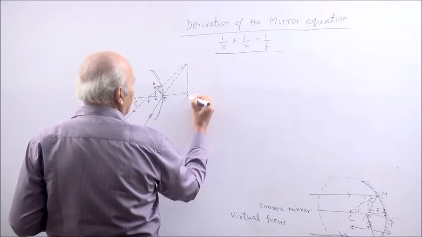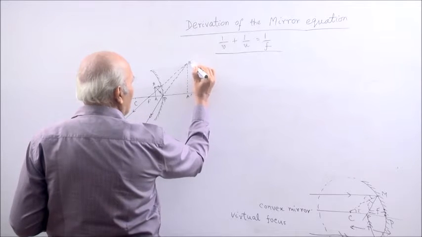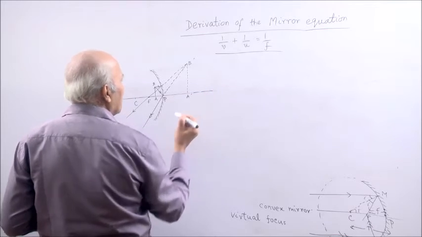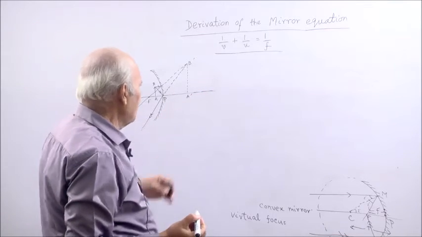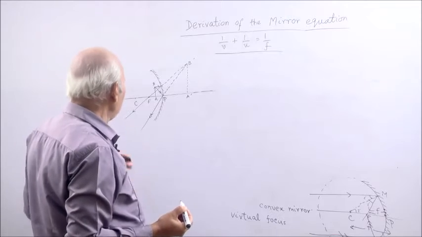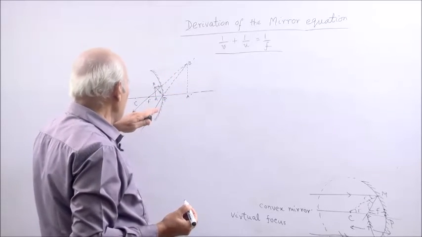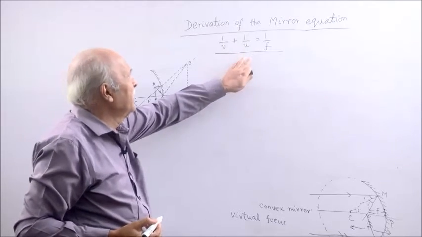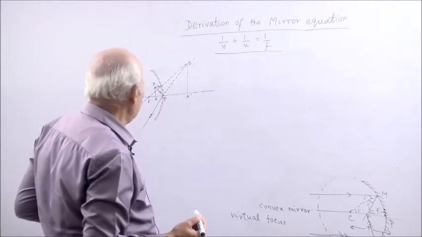So, there is a virtual image indicated by these slashed dots. This virtual image is magnified. For this we want to find the mirror equation.